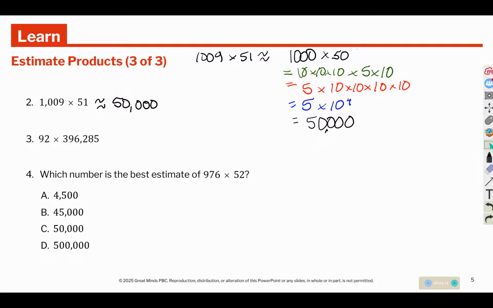Go ahead and try number 3. There are multiple ways in which you can round or approximate, so it may be that yours does not match a person next to you or what I display on the screen, and that's okay. There are multiple correct answers.